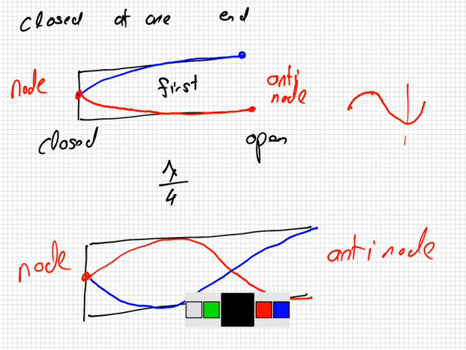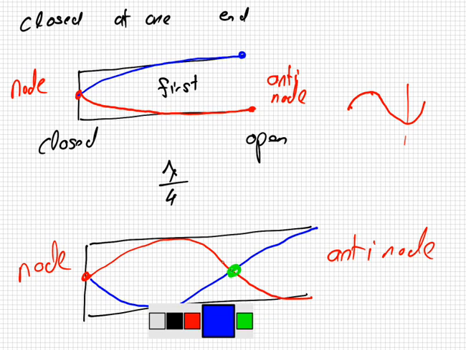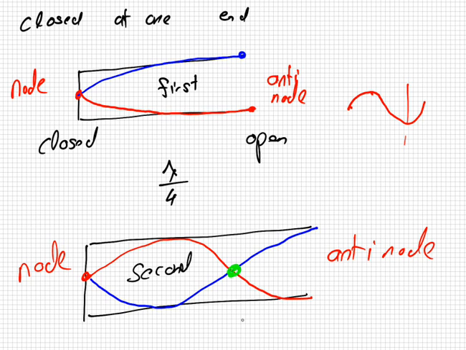Okay. So, the situation is a little bit different for musical instruments that use wind or air. It's a tiny bit different in these situations. Let me try and draw them. So, you have two possibilities.